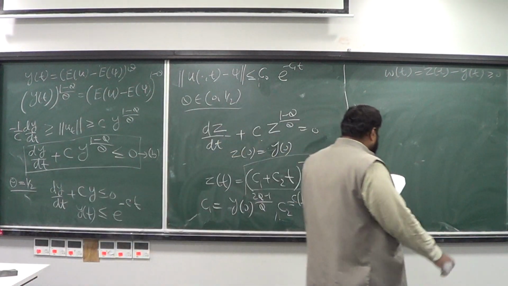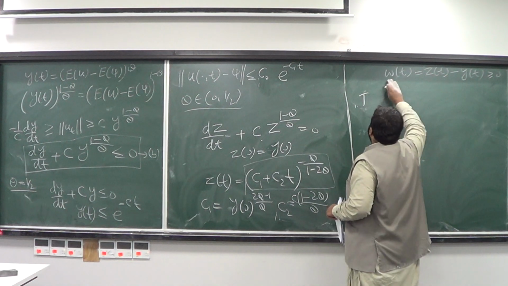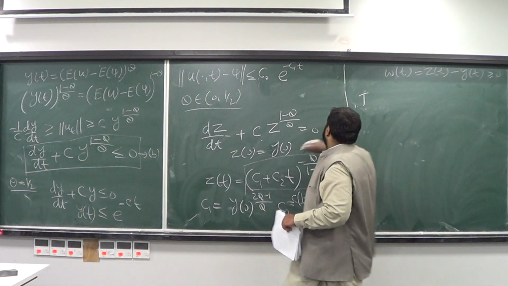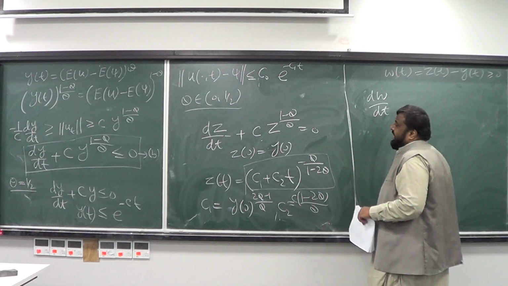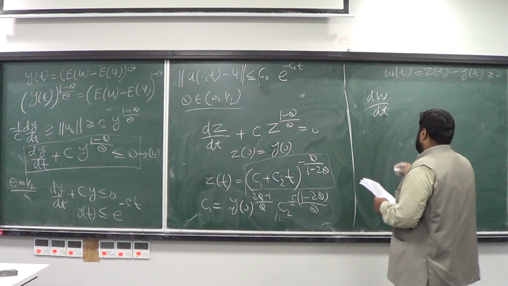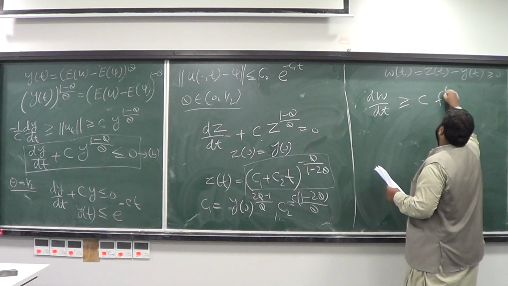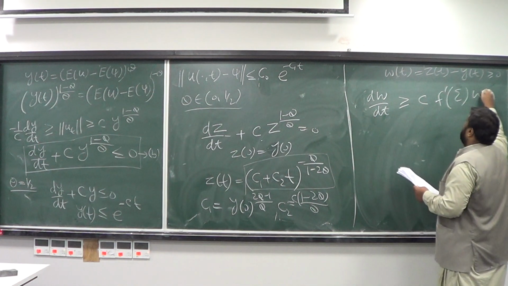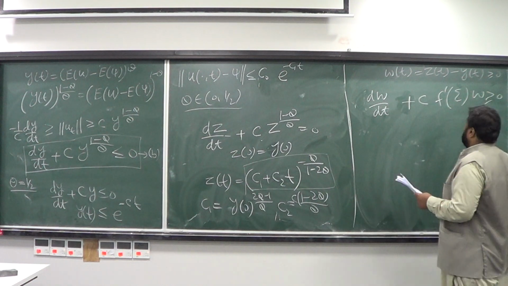So one little exercise for you is to show that if w of t is z of t minus y of t, then dw by dt is going to satisfy an inequality, which is that this is greater than or equal to c times f prime of some xi times w, or maybe plus, of this, bigger than or equal to 0.